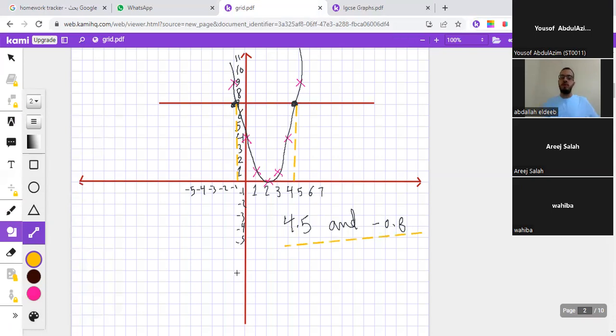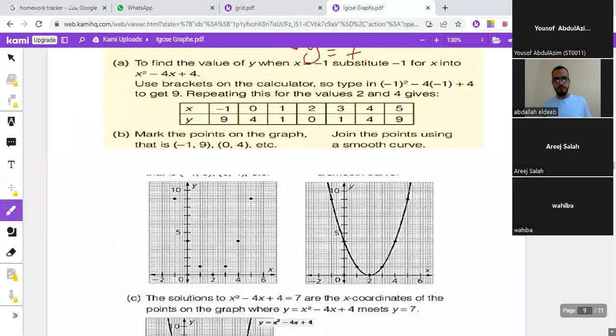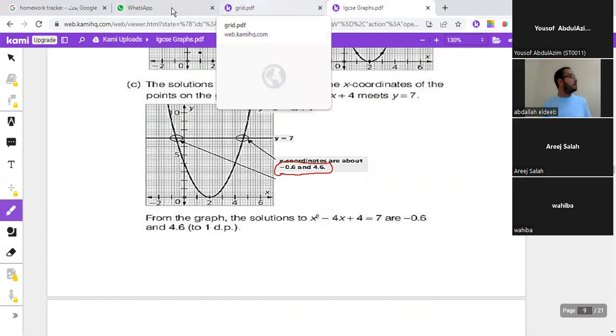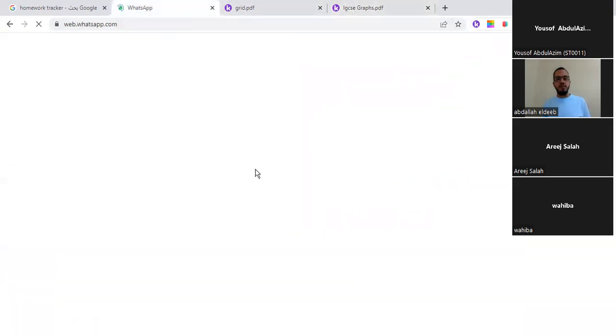Let's look at the book to see. It has negative 0.6 and 4.6. And our answer is correct. Your answer is correct.